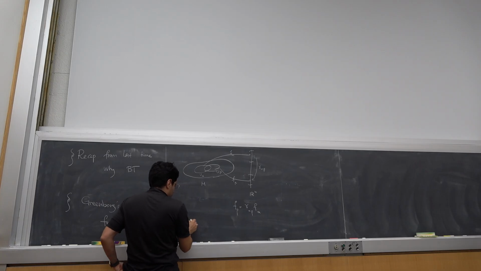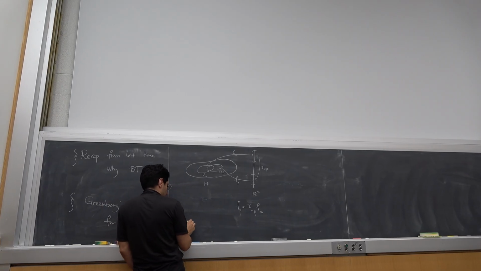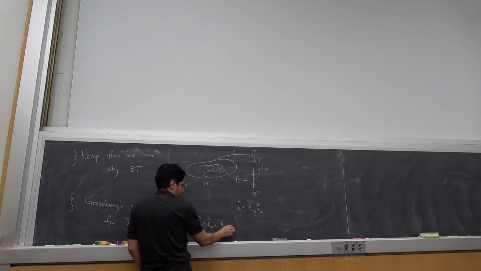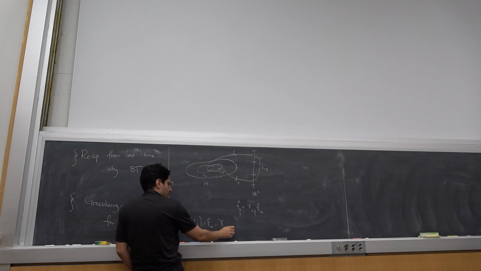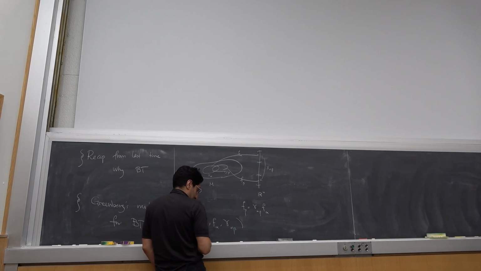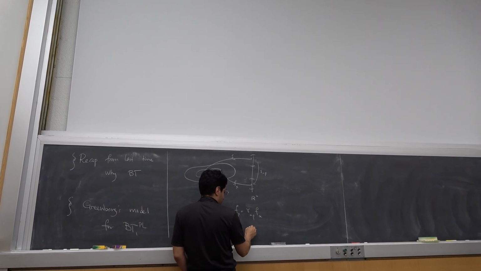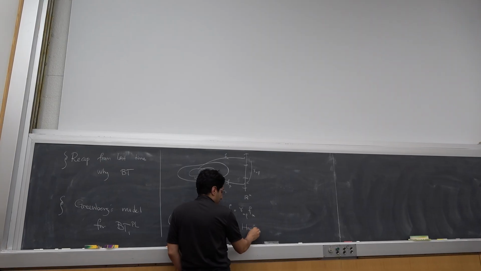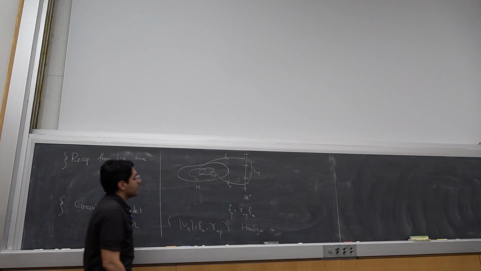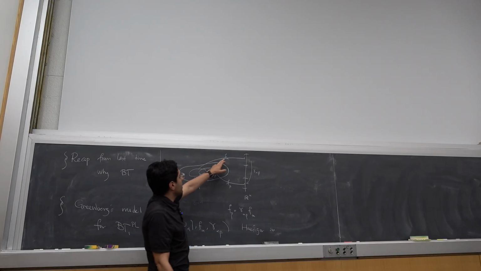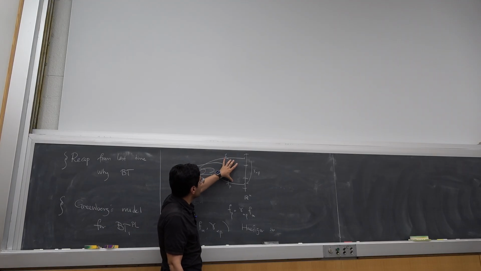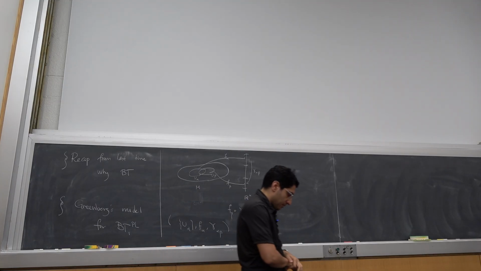And we said that the data of the cover, the maps F_alpha, and the transition functions, it gives us what we call a Haefliger structure. And if these maps, say F_alphas, were submersions, then it actually gives us a genuine foliation.